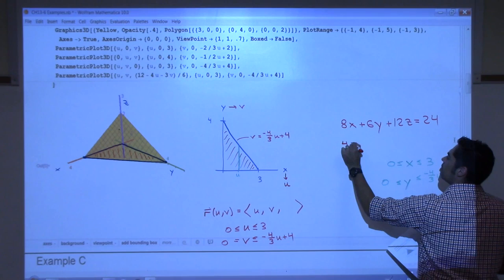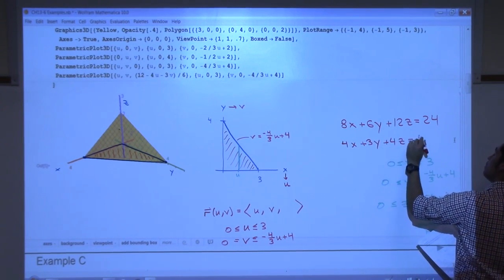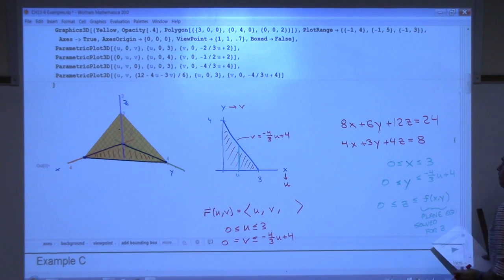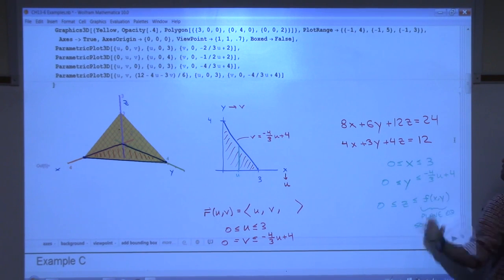You get 4x plus 3y plus 4z equals, what's that, 8? And then you solve for z. Yeah, sorry. I don't know what I'm doing. And then solve that for z, right? Okay.